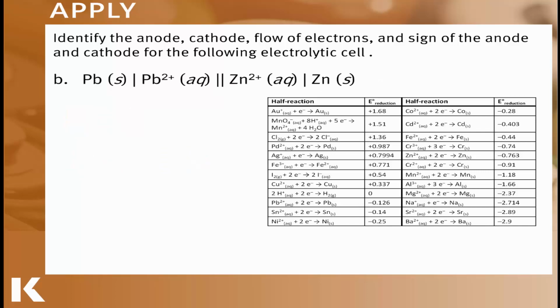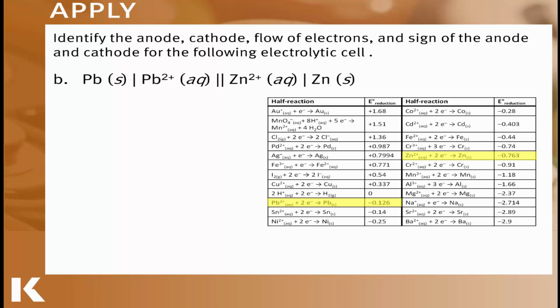Here's a different kind of notation, and it's a little confusing at first, but we've got a lead system and a zinc system. So again, we can look at our table of reduction potentials, and there is the reduction potential for lead, and there is the reduction potential for zinc. We can see that the lead has the higher reduction potential. They're both negative, but the lead reduction potential is closer to 0.